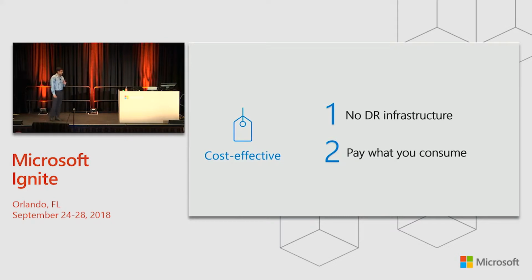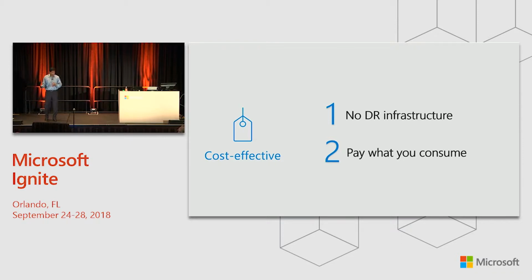The first highlight of this solution is being cost effective, and the cost effectiveness comes from both aspects. Most DR solutions ask you to set up a lot of infrastructure, but we saw there is no infrastructure that needs to be prepared. Azure has all the infrastructure already available for you. Second, you normally have to pay for the CapEx and OpEx on the other side. But in this solution, you only pay for what you're using.